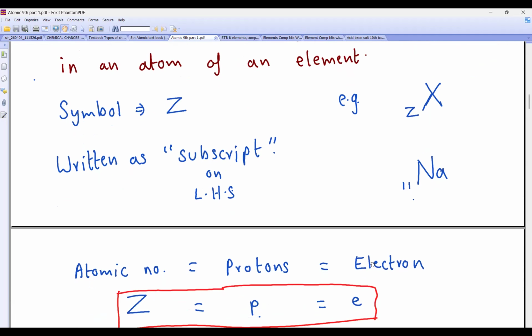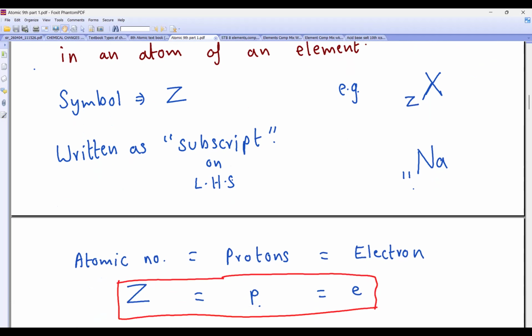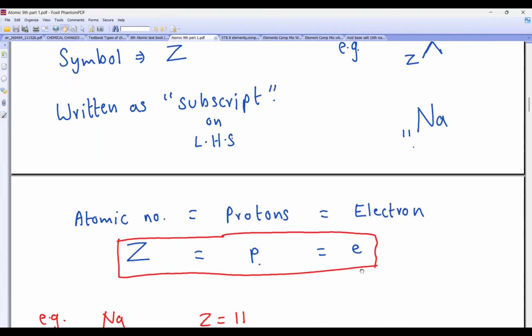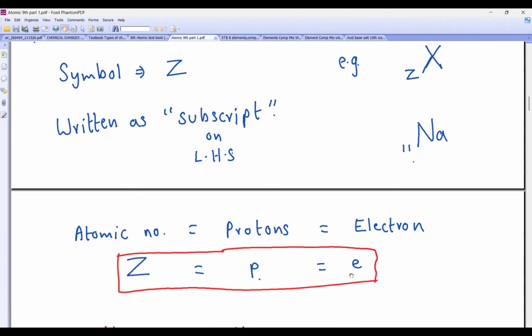P. For electron, E. Please copy this: atomic number is equal to proton which is equal to electron. So Z is equal to P which is equal to E. You have to write Z is equal to P which is equal to E.